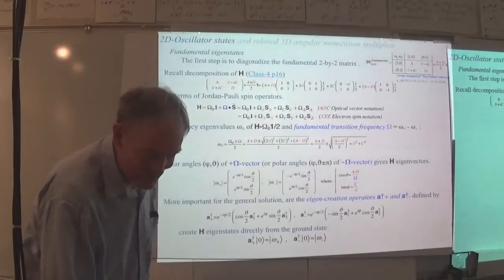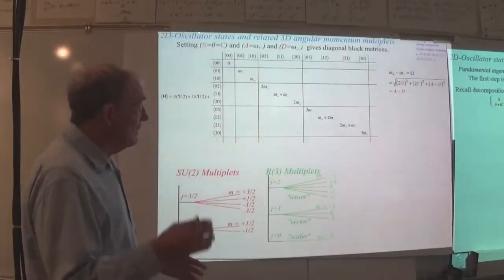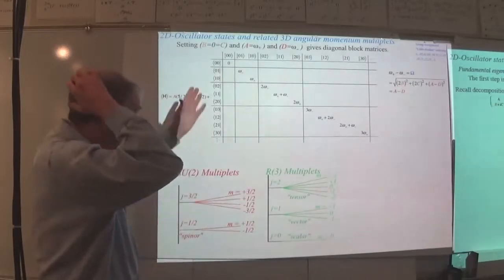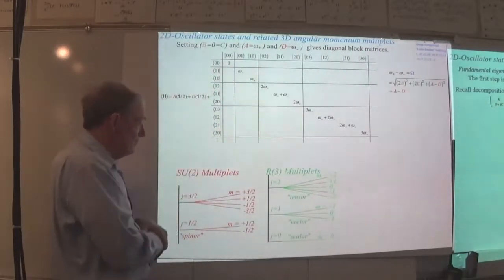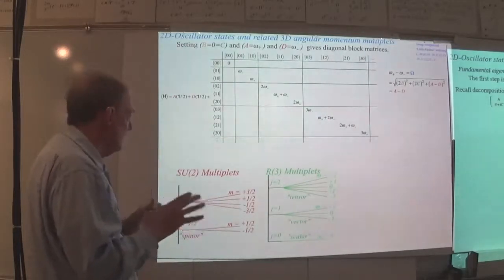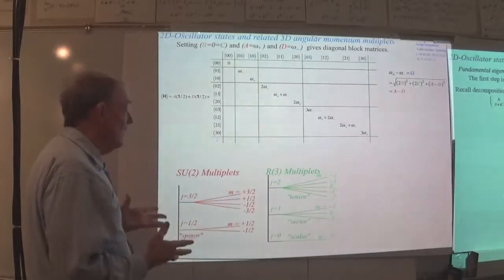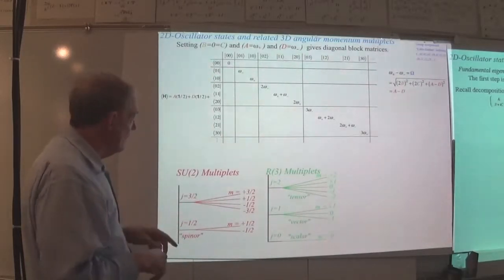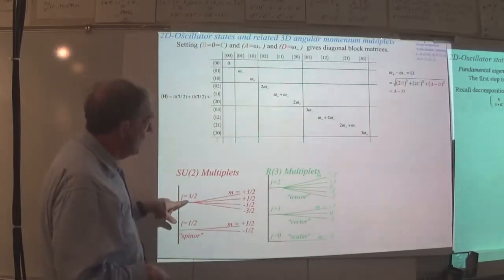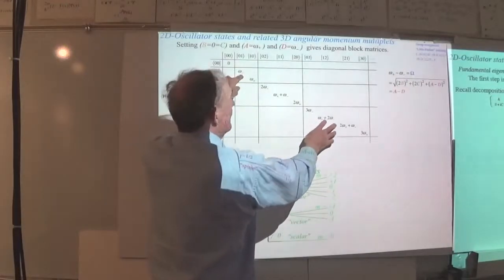Okay, sorry about that. All right, now, just to give you another sketch of what that means, you're just talking about SU2 multiplets, and you always wanted to have them be spinors, that is halves, always be anti-symmetric. If that's what your thing was, well, there's a half, and then there's 3 halves, and this is the half, and there's the 3 halves right here.